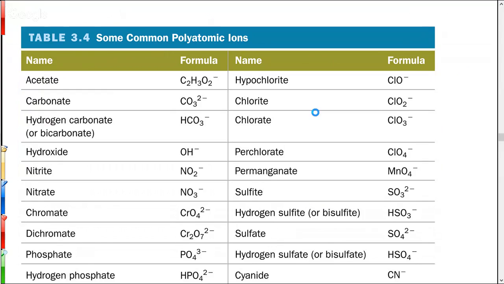Yep. Right. So there's two of those holes. Yeah, these ones, okay. And then we'll do the charge.